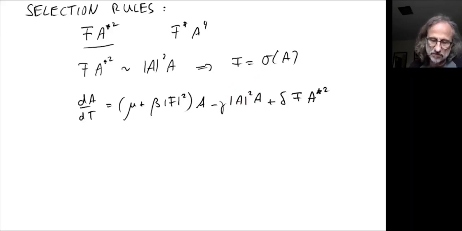It's not profound. Okay, so we see that F shows up in two different ways. First, it shows up in terms of the absolute value squared, and here it modifies the coefficient mu.